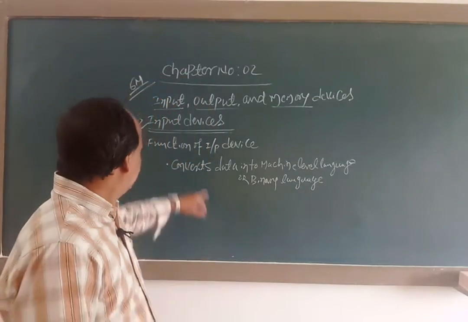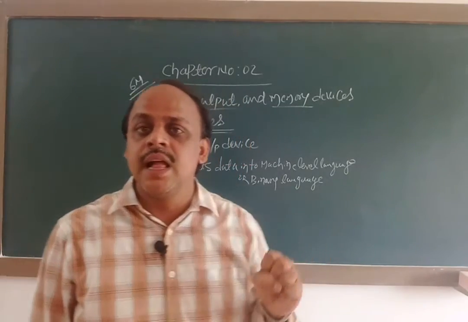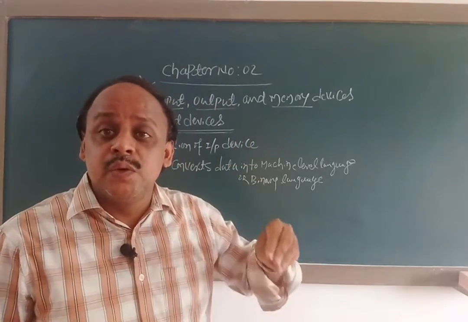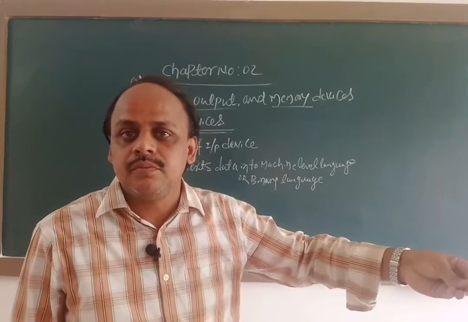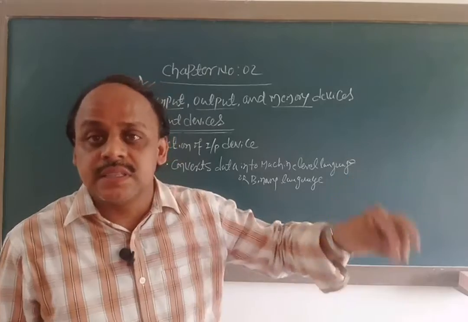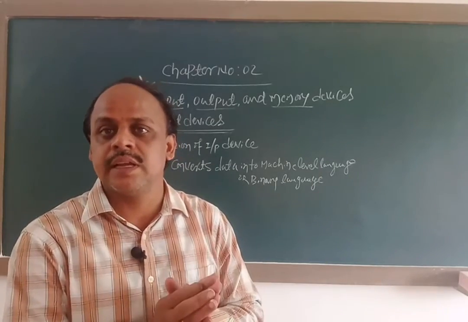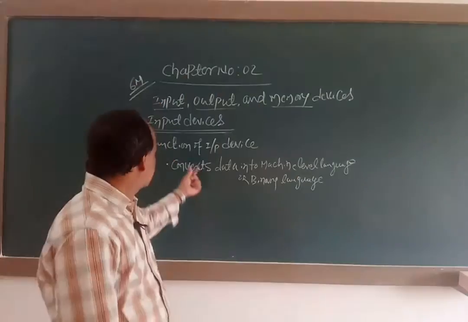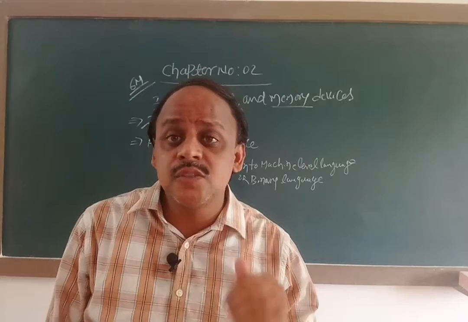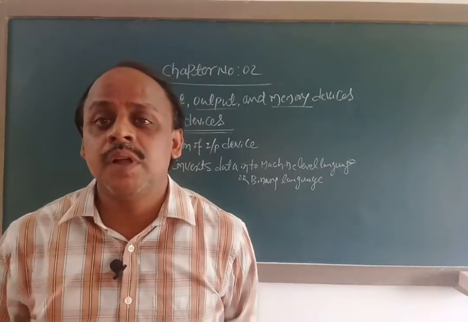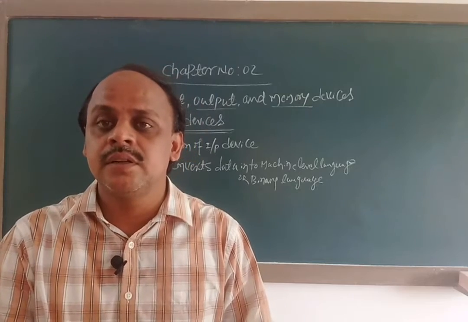So here, the input device is the one which accepts input from the user, converts the user-entered form to binary form, and afterwards sends it to the CPU for processing. So this is the function of an input device, right? Why is it going to convert into binary form? Because the computer understands only binary language.